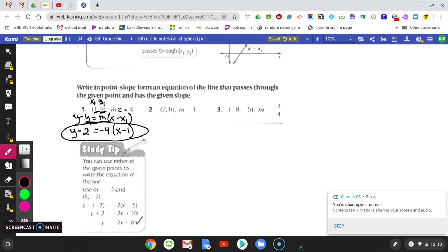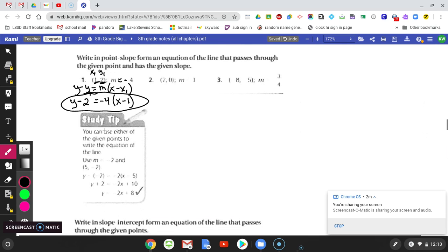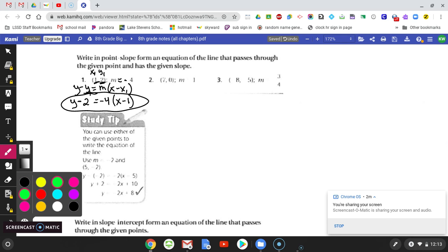Okay? If it asked you to put it in slope-intercept form, guess what? You would have had more work to do. You would have had to use the distributive property. I'm going to change colors so you can see that this is what you get to avoid doing. So if I had y minus 2 equals -4 times x minus 1, I would have to distribute this. So I'd have y minus 2 equals -4x plus 4 when I use the distributive property.